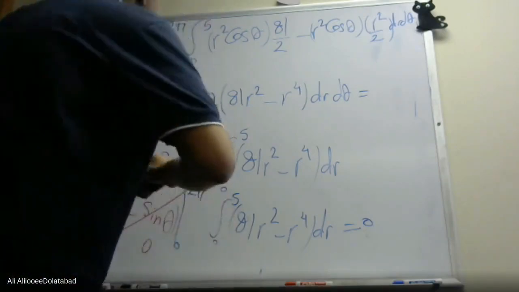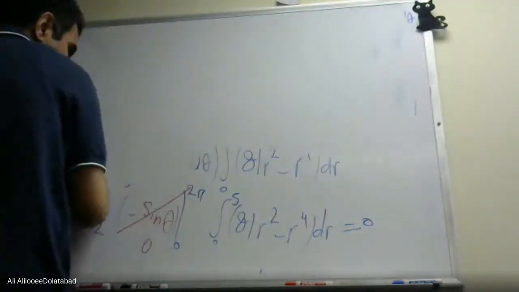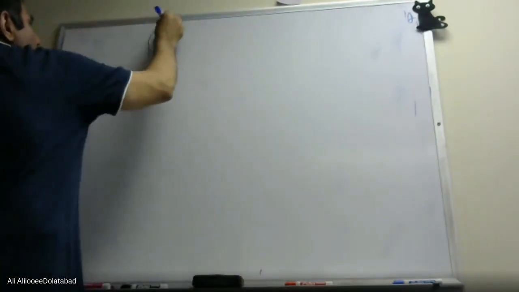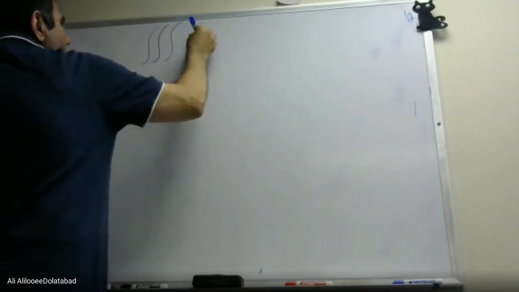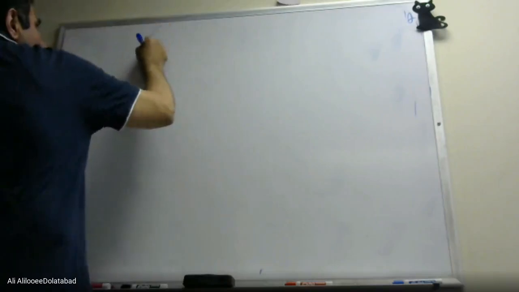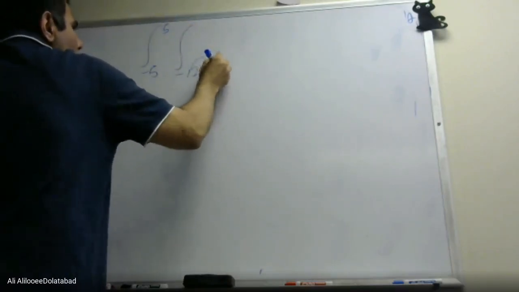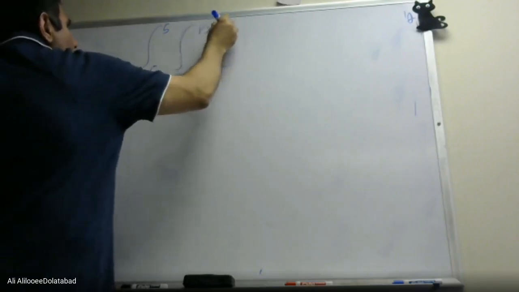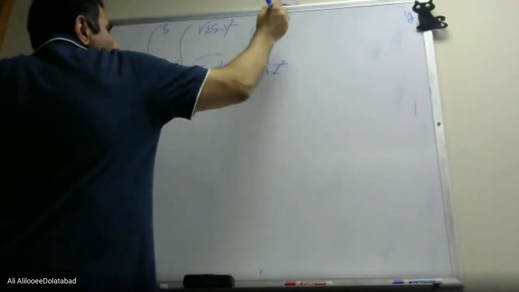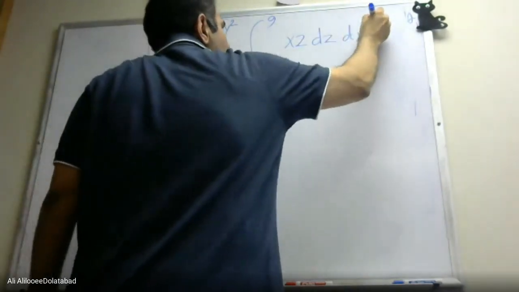Okay, very good. So then let's see. We have the triple integral, our question, of xz: negative 5 to 5, negative root 25 minus y squared to root 25 minus y squared, root of x squared plus z squared to 9, xz dz dx dy.